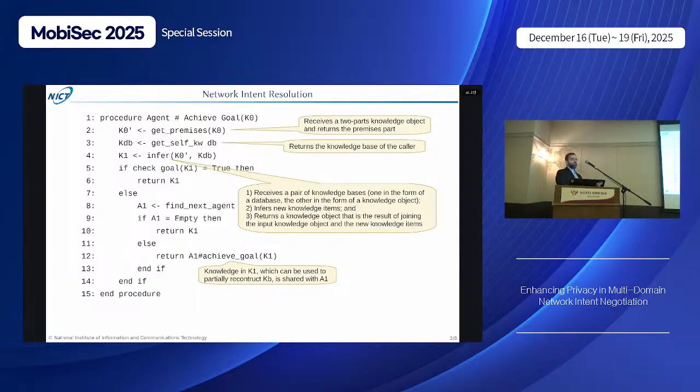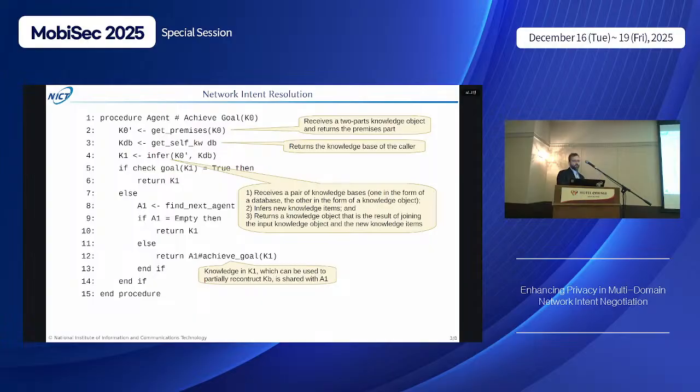Then we also obtain the knowledge base of this agent, and we infer new knowledge items using all that information. This is the point that is a bit sensitive, because a bad agent can try to extract information using this inference function.